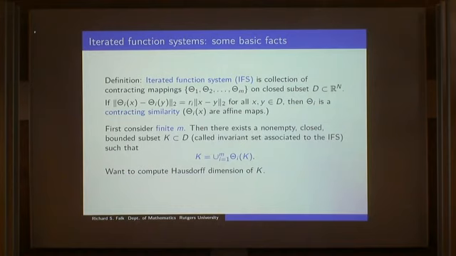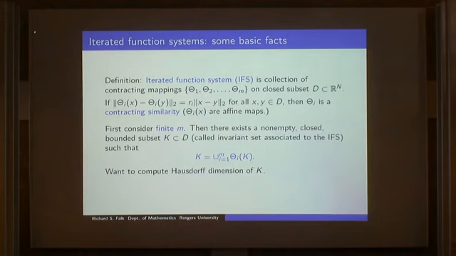That's not the case of the computations I'm going to do, but that's a case in which you can actually compute precisely the Hausdorff dimension. So if these are affine maps, then I call them contracting similarities. If I look at this norm and they're just equal to some constant r_i times the norm of x minus y, r_i would be, if they're contracting, less than 1.